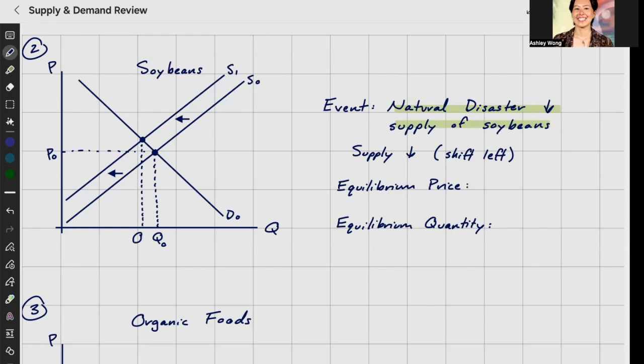And we label our new equilibrium quantity and our new equilibrium price. And what we learn here is that our equilibrium price has increased, but our equilibrium quantity has decreased.